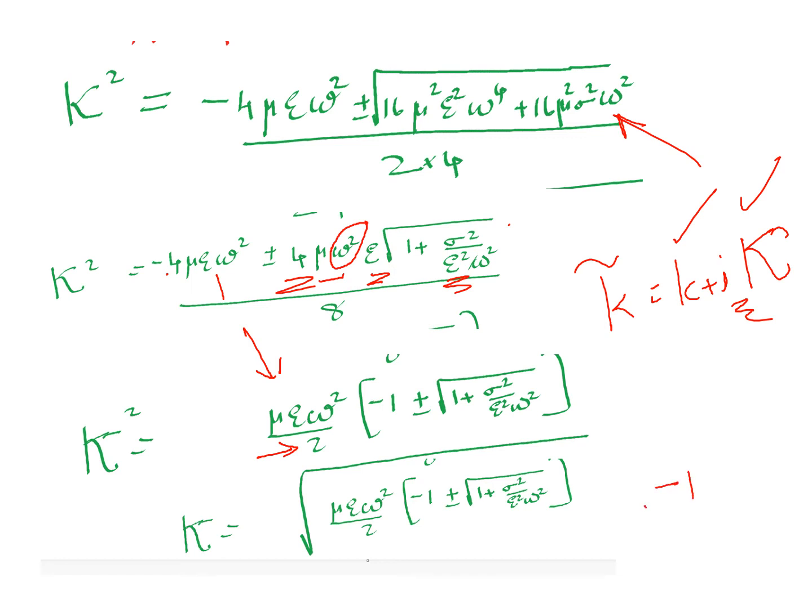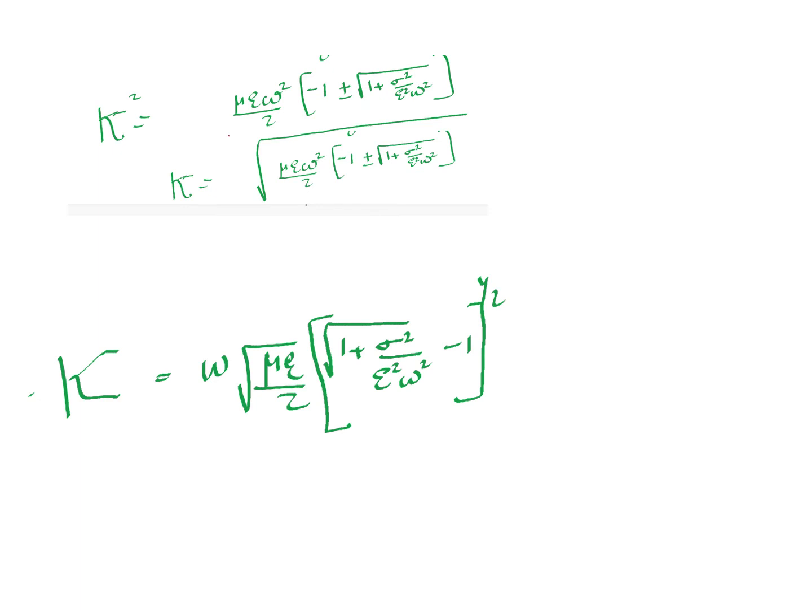One answer with a root of -1 and another answer with a root of +1, and of course the other terms are there, mu epsilon omega square by 2 and everything. So we are eliminating this root of -1 term because it will give a complex number again, and we know the kappa term must be a real number. So we are taking the positive value only.